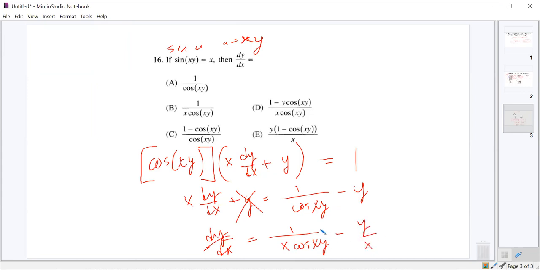And that's not an answer choice, but in order to get the common denominator of cosine xy times that x, we'll just put a cosine of xy down here and a cosine of xy up here. So we have 1 minus y cosine xy over x cosine xy, which looks like choice D. Everybody okay with 16 there? Does that make sense?